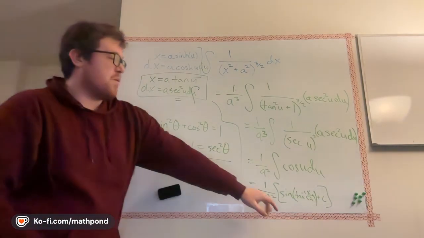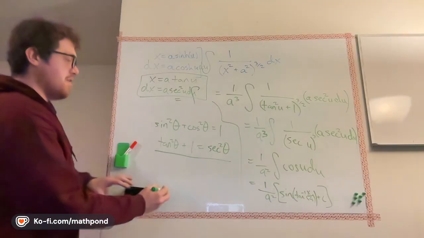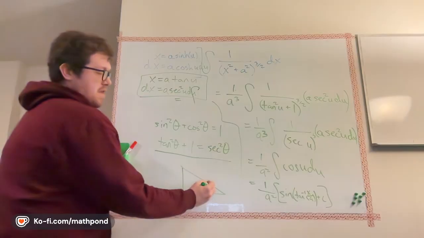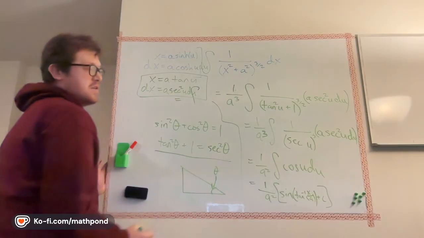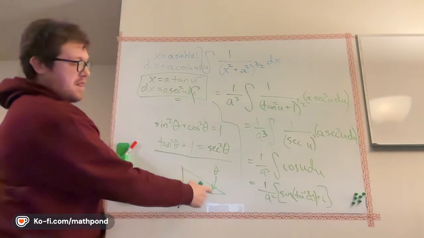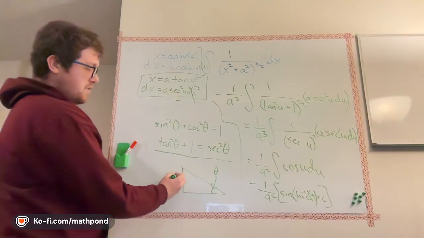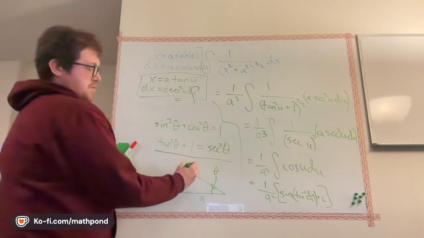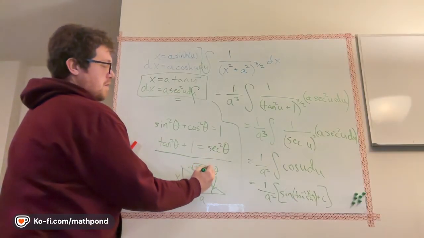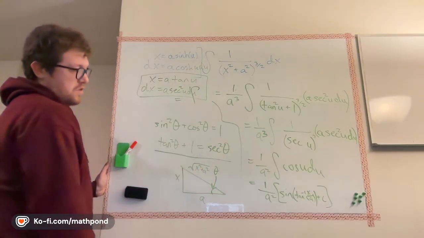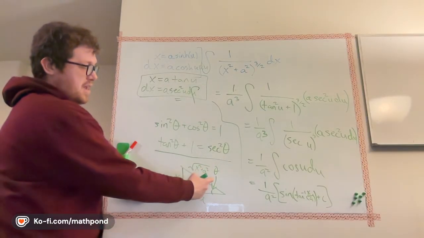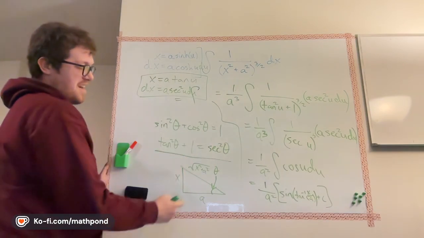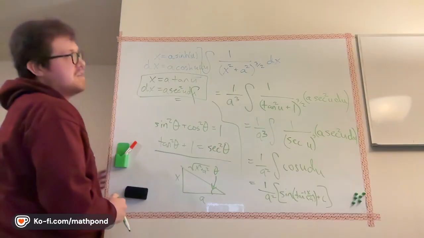Okay, and then here's the part where we want to know what the sine of the arctan of x over a is. This is some angle theta, such that the tangent of it is x over a. So this could be x, this could be a, and then this would be square root of x squared plus a squared. So the sine of this angle will be opposite over hypotenuse, right?